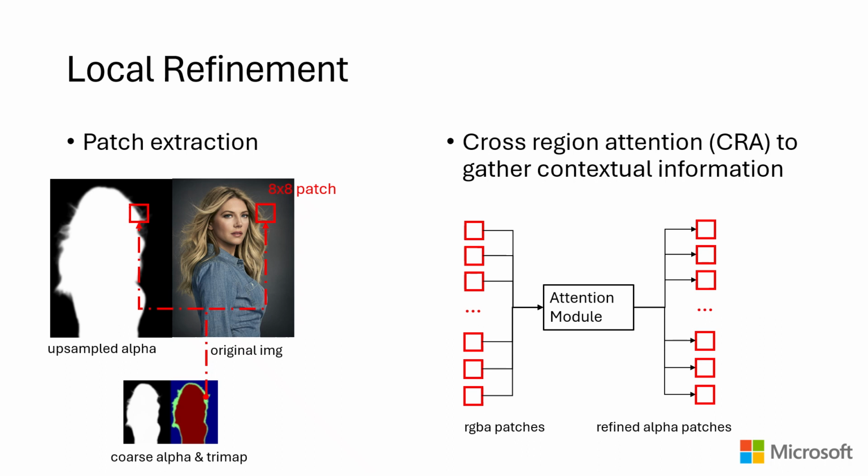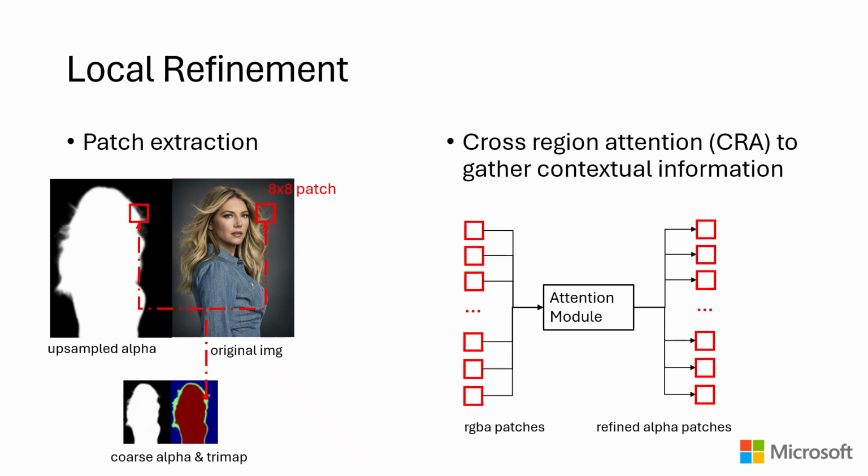We select all uncertain locations from the coarse trimap and retrieve the corresponding 8 by 8 patches from the original input and upsampled coarse alpha. These 8x8 patches with RGBA values are the input to our refinement network. This is a very naive implementation of the refinement network.